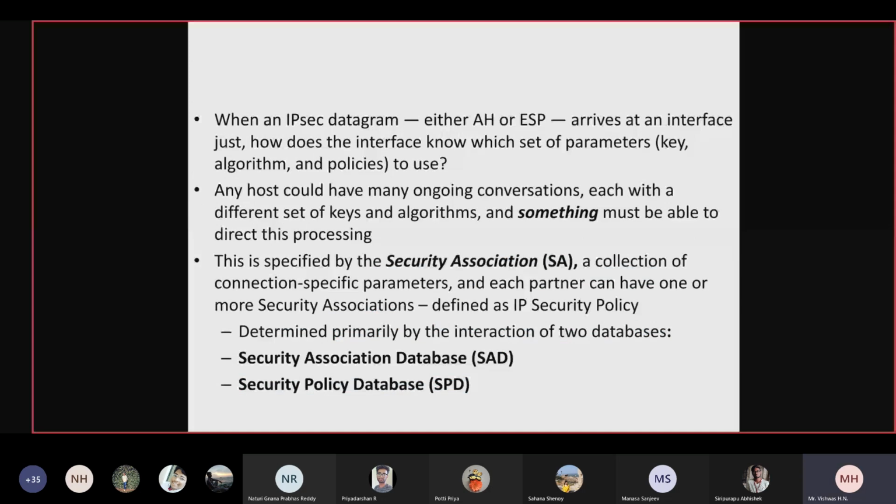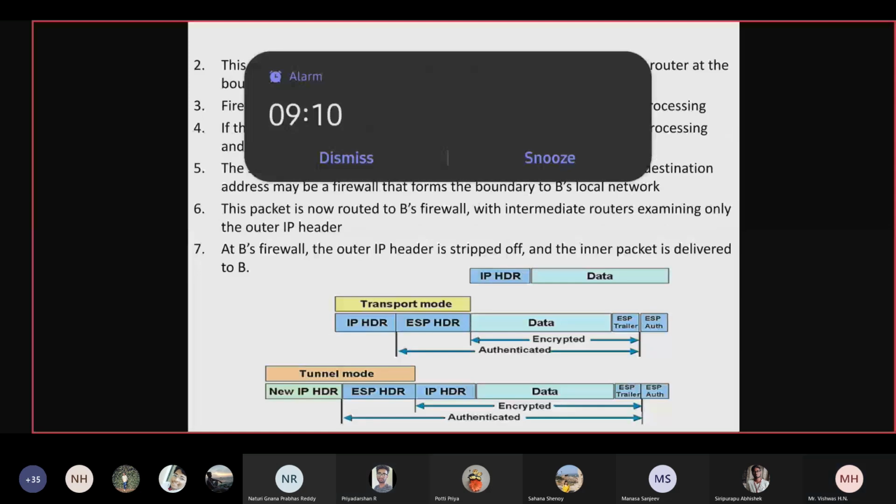Am I clear, students, about the tunneling? Yes, sir. Sir, the same happens in IPv6 conversion to IPv4, no, sir? Yes, that is the same concept of tunneling.